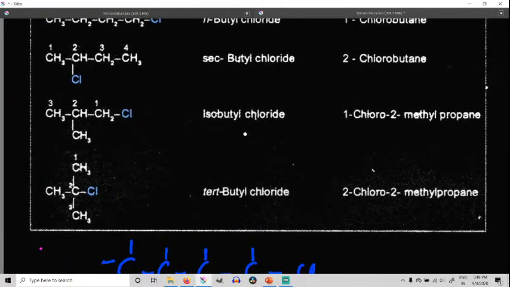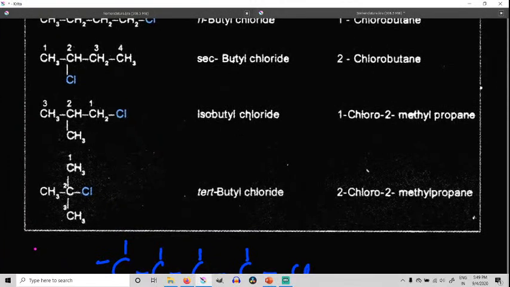Now in this case, chlorine is present in the first carbon atom. On the second carbon atom, one methyl group is present. So what will be the IUPAC name? On the first carbon atom chlorine is present, and on the second carbon atom a methyl group is present, and halogens are always given preference.